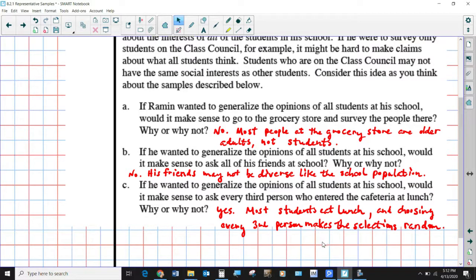If you go out and you just walk up to individuals, there's a certain amount of bias. You may not want to walk up to a person that you don't like, but it's important to include everybody in these surveys. So if you just say, I'm going to choose every third person, whether I know them or not, whether I'm friends with them or not, then that's going to be the most random. So that's probably the best of the three situations, which is C.